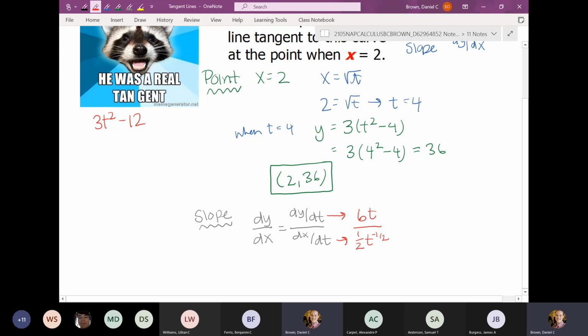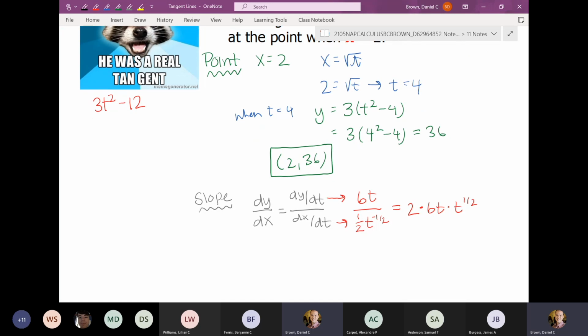We wouldn't need to simplify it, but we can. Dividing by 1/2 will become 2. There is a 6t there, and I'll bring that t up out of the denominator as t to the 1/2. We could simplify that, but I'm not going to worry about it because I am trying to find the slope. We are still using that t is equal to 4. That is what we got from the condition that we're looking at.